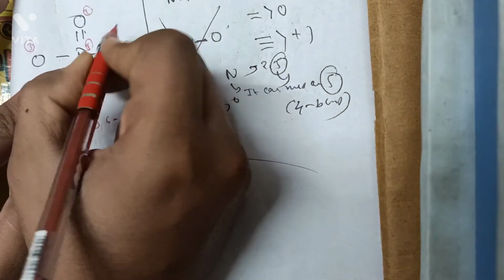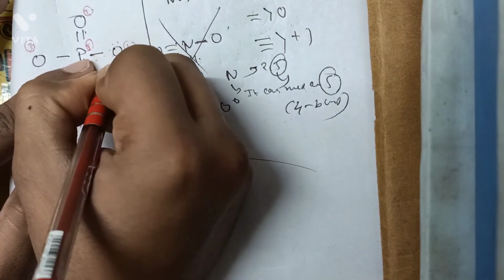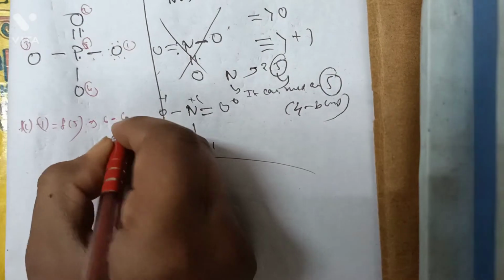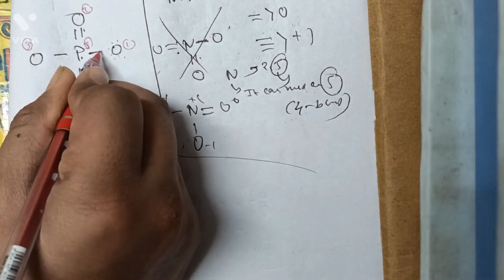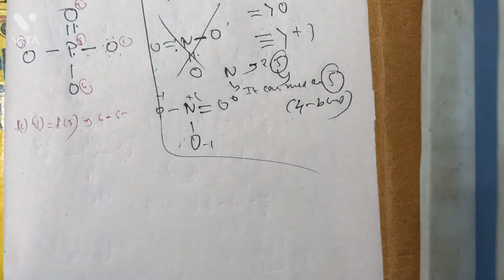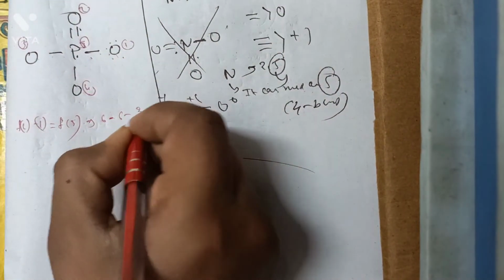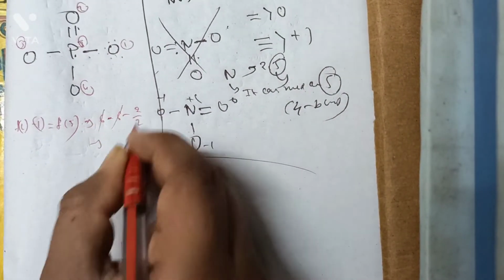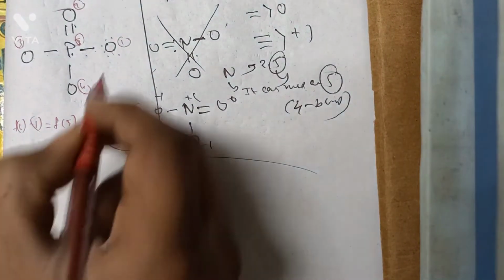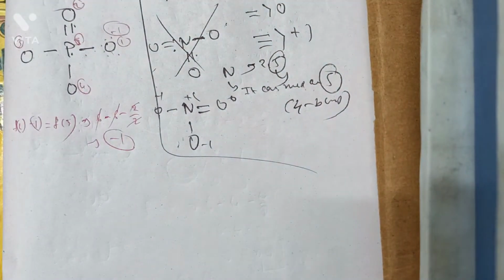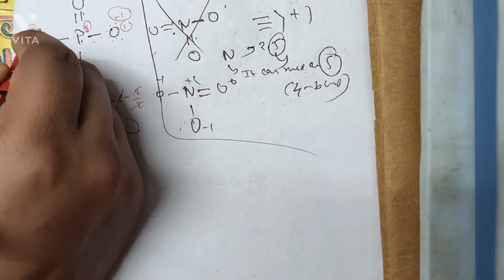How many electrons are left? 1 2 3 4 5 6 electrons are left. Then how many bond pair electrons? A single bond contains 2 electrons, so 2 by 2, that is 1. 6 minus 6 minus 1 means it has -1 charge. This one also has -1 charge.